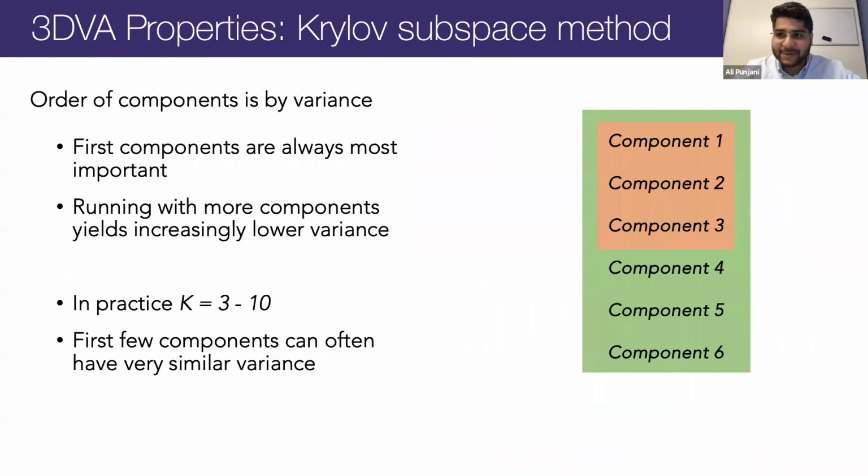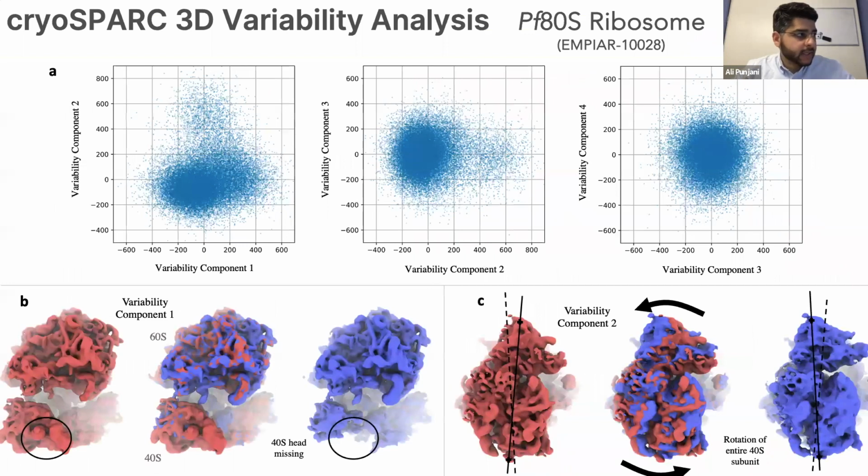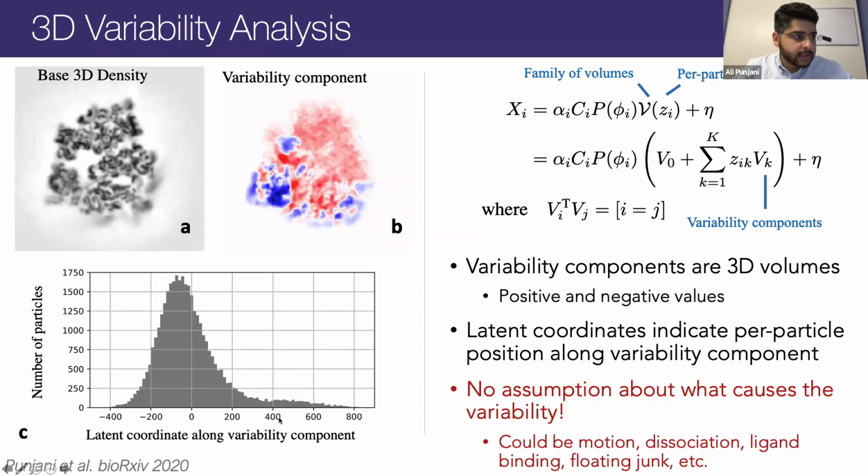Right, exactly. So before running the algorithm, we don't know what any of the components are or their importance in the sense of the amount of variance that they explain in the dataset. The variance itself is actually very simple. Since each of the variability components, like the actual V_k in the math, are normalized, this equation right here, each V_k has the same amount of information.